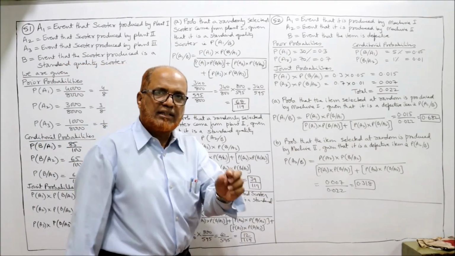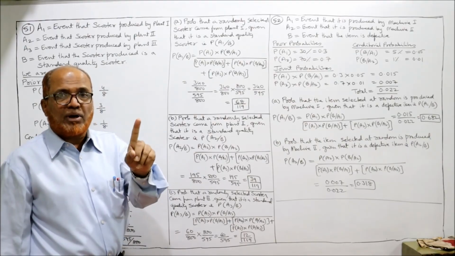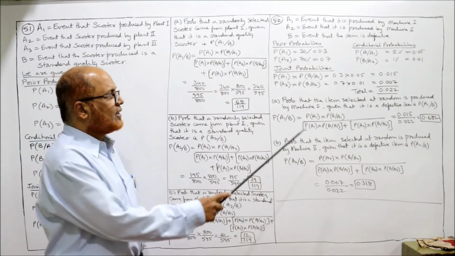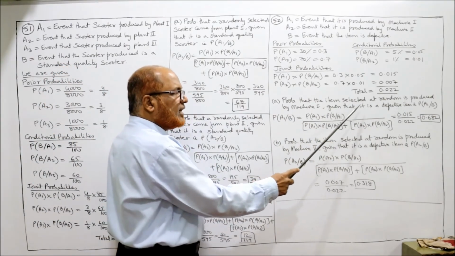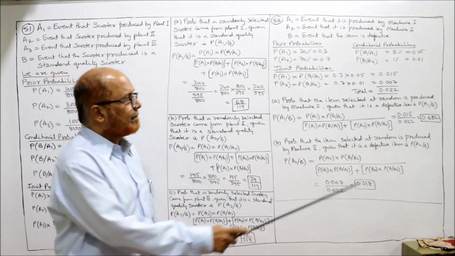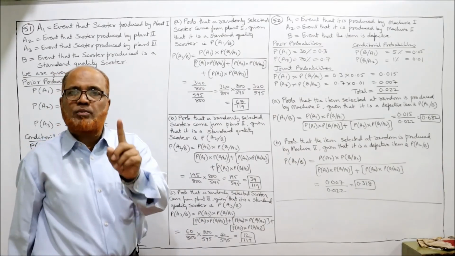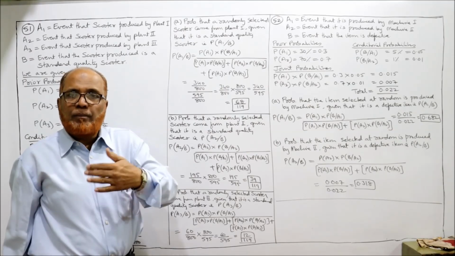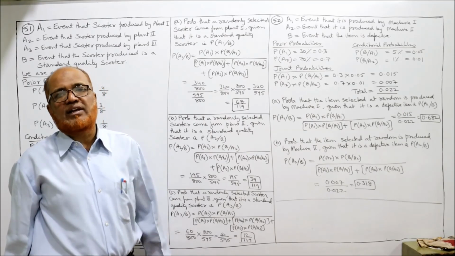First, probability that the item selected at random is produced by machine 1 given that it is a defective item. P of A1 given B. A1 का मतलब produced by first machine. B का मतलब defective. The probability that the item is produced by machine 1 given that it is a defective item.